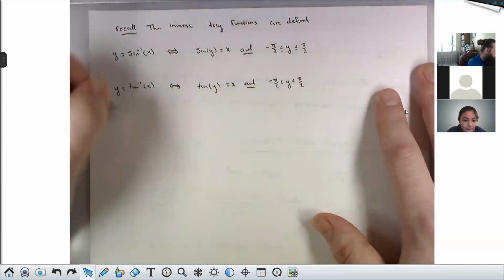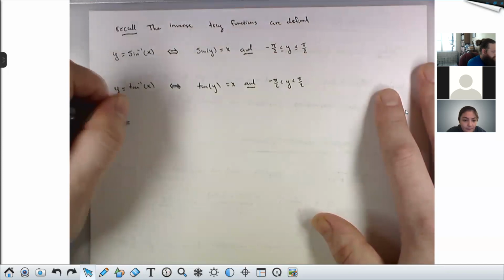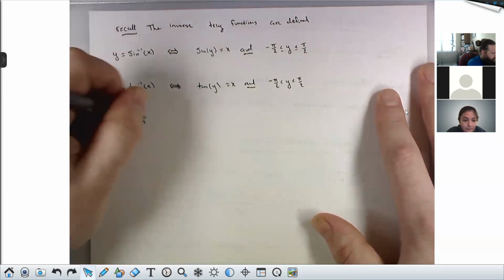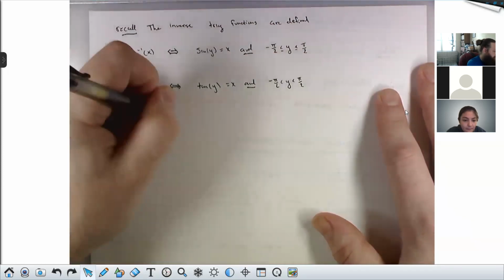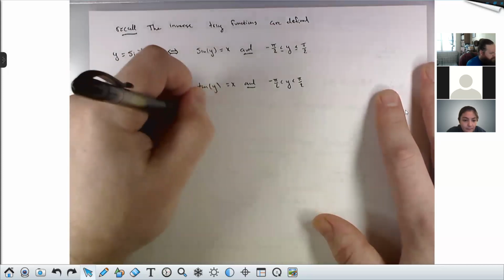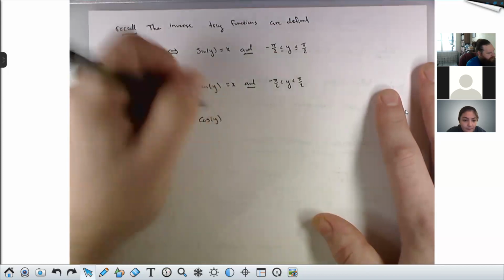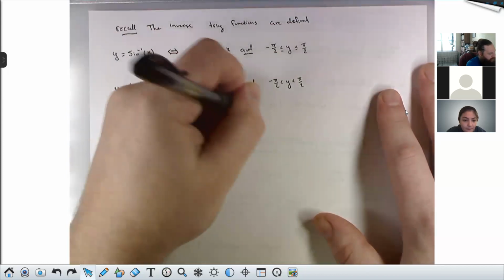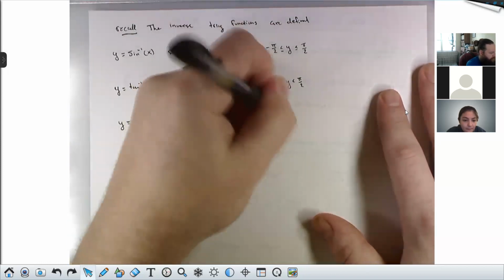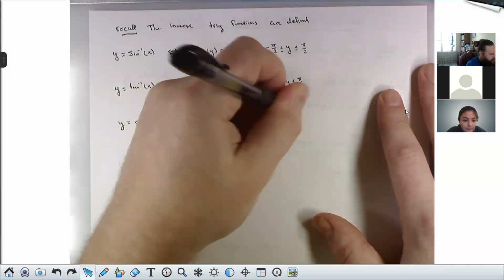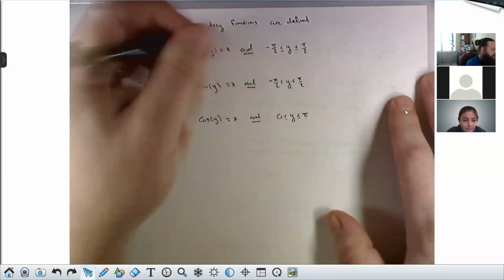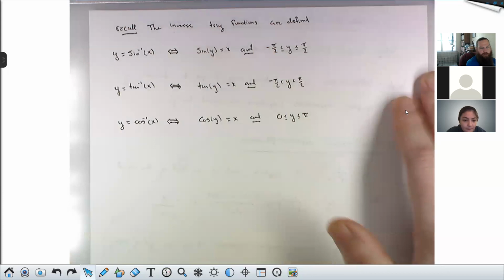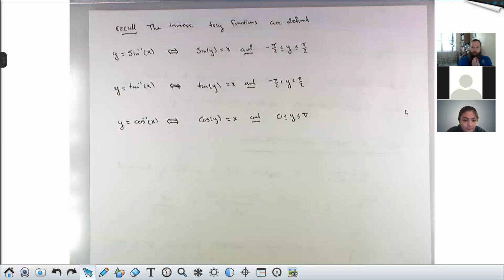We'll do one more. Let's do the inverse cosine function. Its definition, y is equal to the inverse cosine of x, means that the cosine of y is equal to x, and its restriction is different: 0 is less than or equal to y, less than or equal to pi. Each of these restrictions comes from wanting to make the original trig function 1-to-1, right?